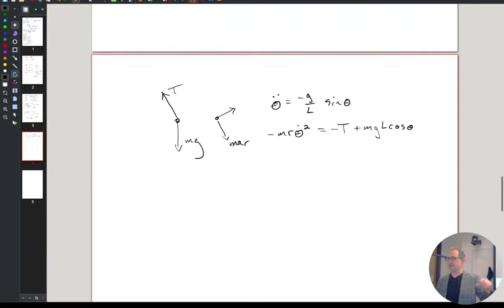That's the main reason that I always draw a free body diagram and a kinetic diagram rather than trying to draw my acceleration terms all in one place. So now T is mgl cosine theta plus ml theta dot squared. And we can do that, right? We have theta dot. We can figure out what the tension in this cord is at any point in time.